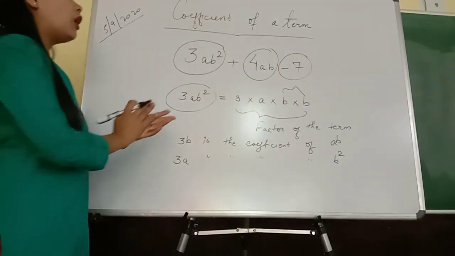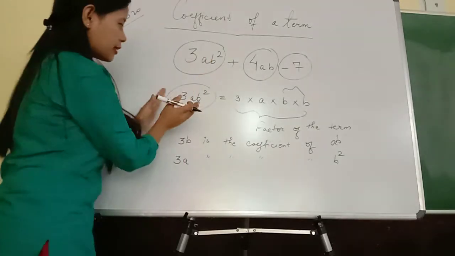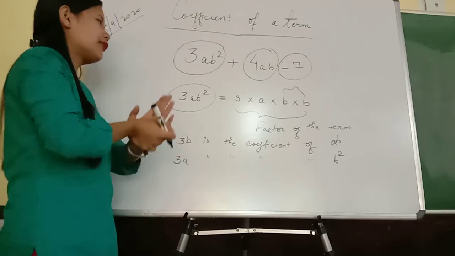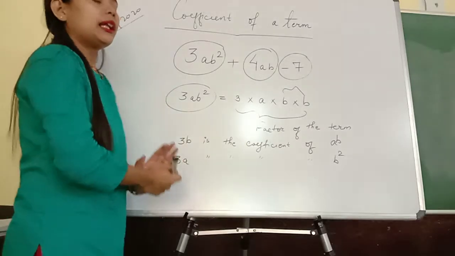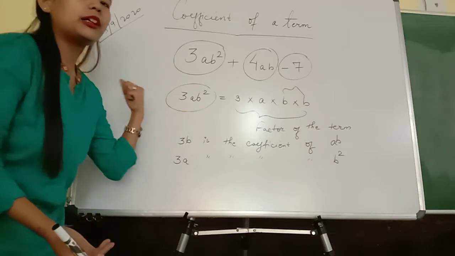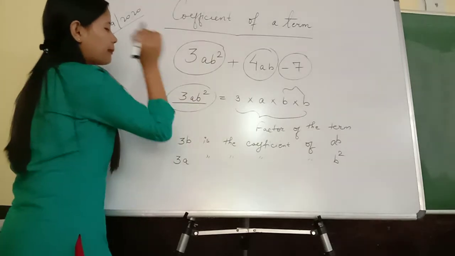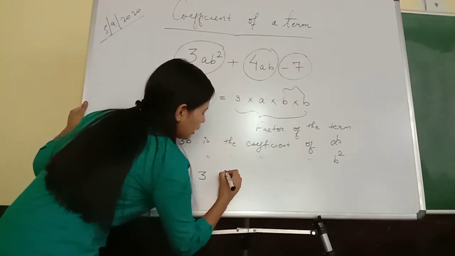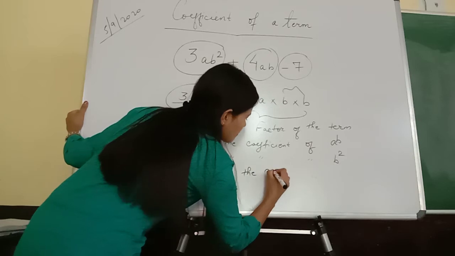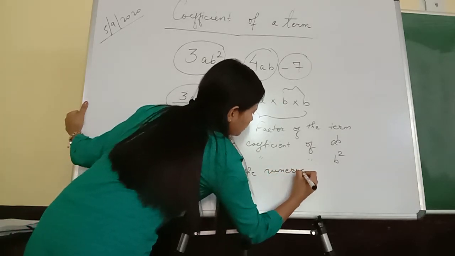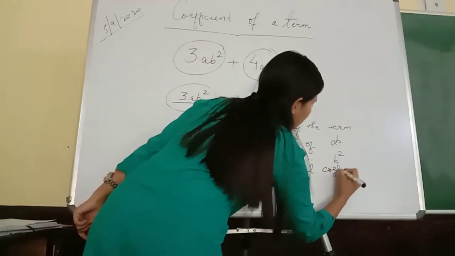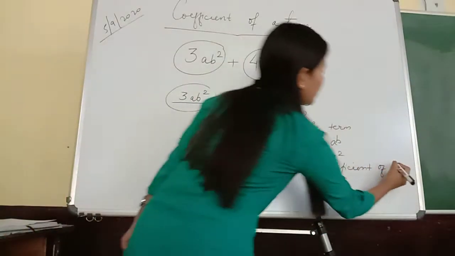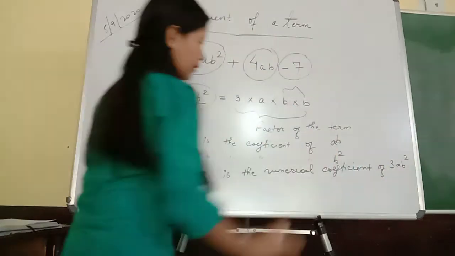Suppose I ask what is the numerical coefficient of this term. In that case the numerical coefficient will be the number that is present in this term. If you look at this term, the number present is 3. So 3 is the numerical coefficient of 3ab squared.